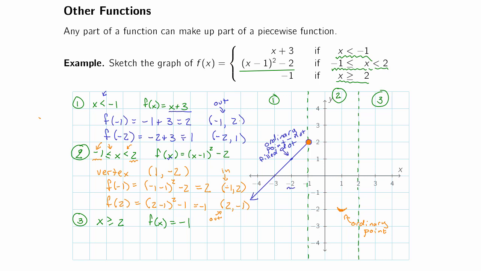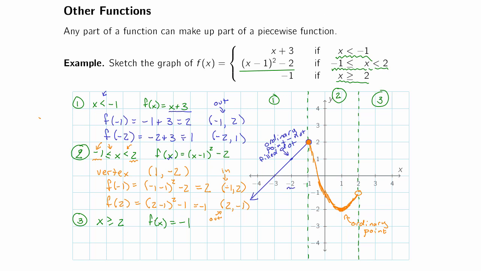It doesn't matter that this is the one I'm making second. Filled-in circles always take precedence over empty circles. Okay, and then at 2, negative 1, I'll have an empty circle. And then I will draw a parabola through those points with that vertex that I found. No problem.